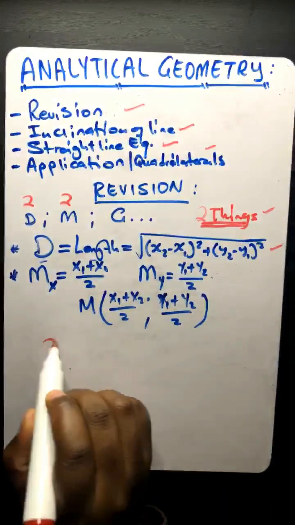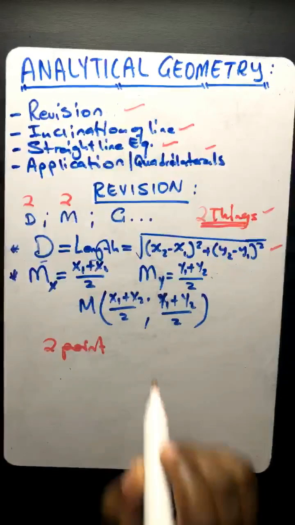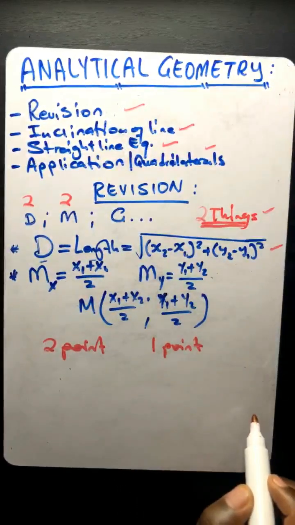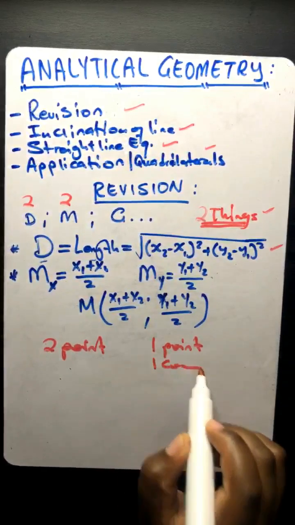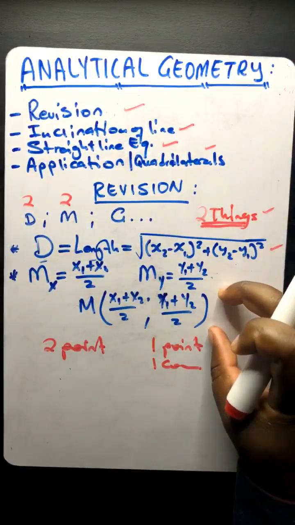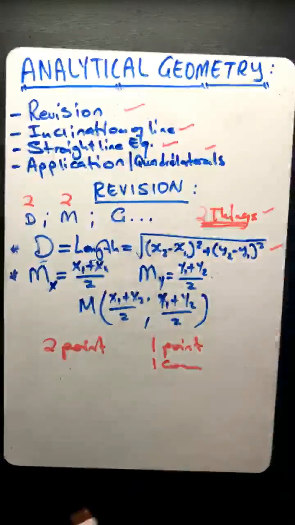It's either you need 2 points, or you need 1 point and 1 coordinate. The moment you start using this formula, just know you will need 2 things.